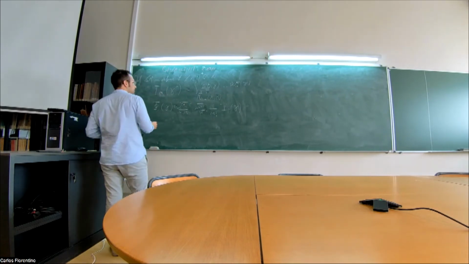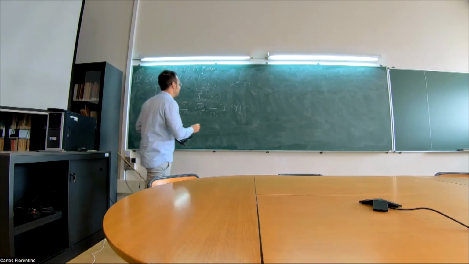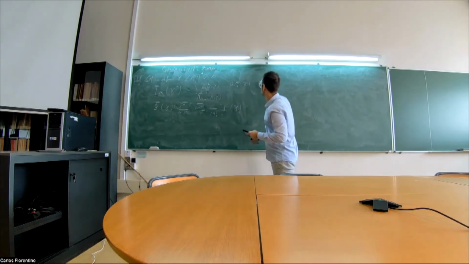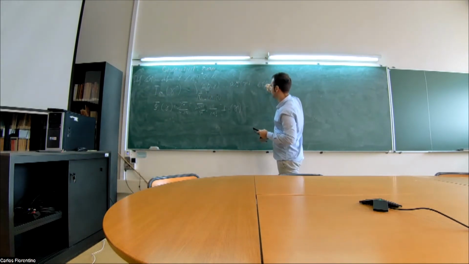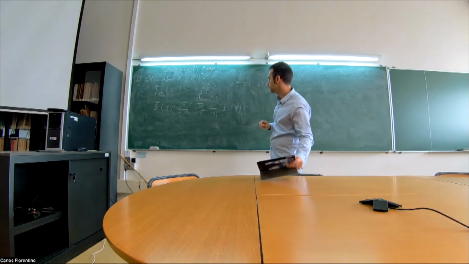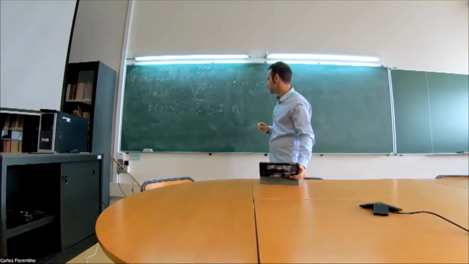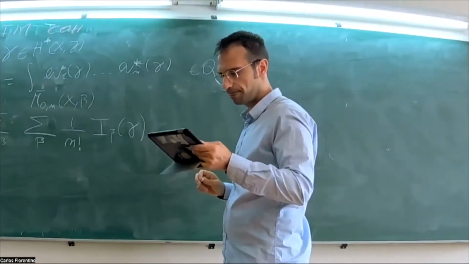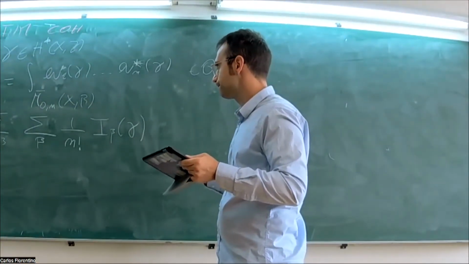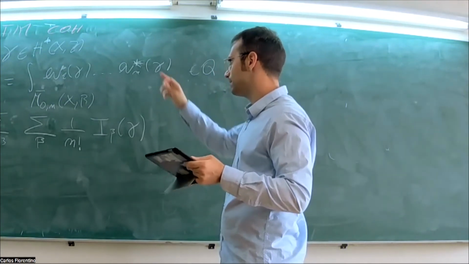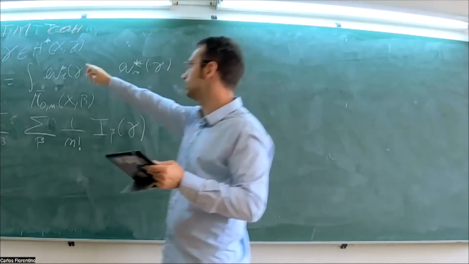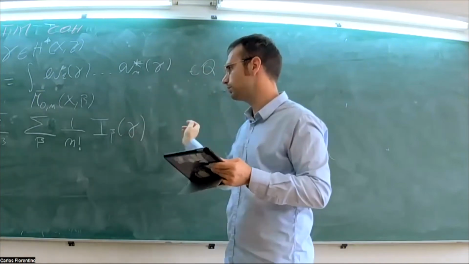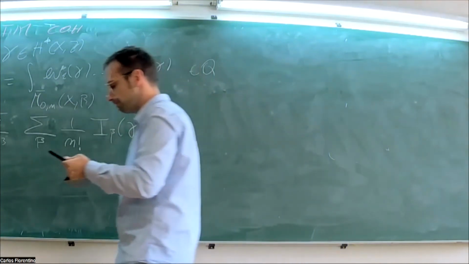Now, so we have that this is a general rational number. Okay, if gamma is a cohomological cycle, this is a rational number, so this is a sum of rational numbers.